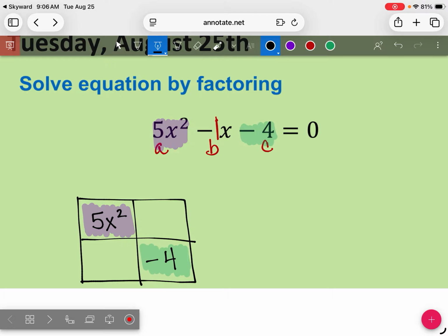So let's make our X. On top of the X, we're going to put A times C. That's 5 times -4. Put that on top.